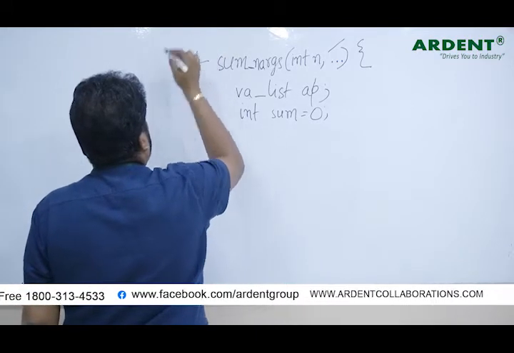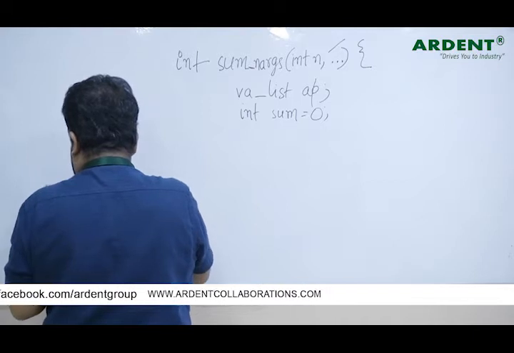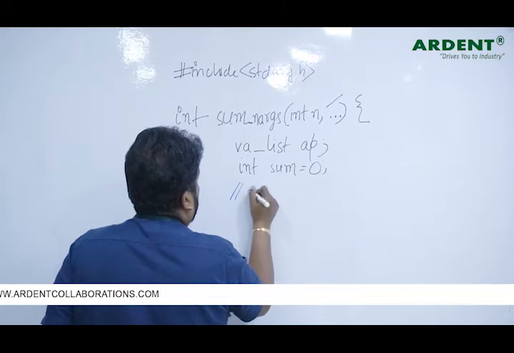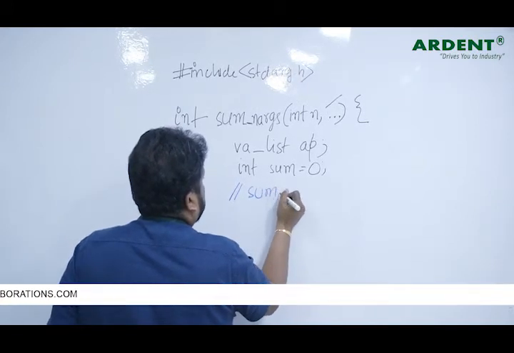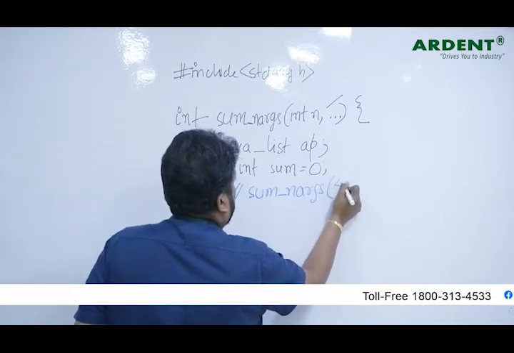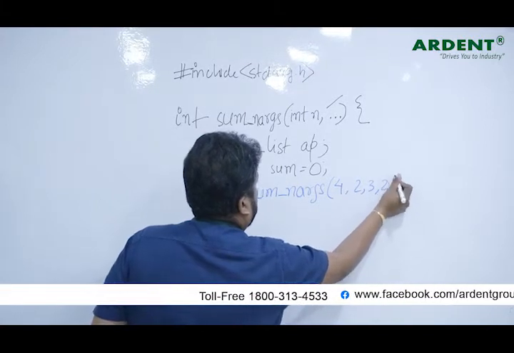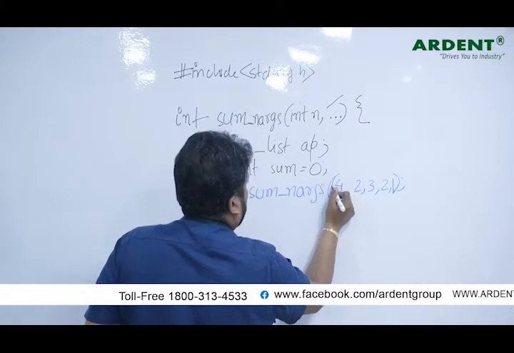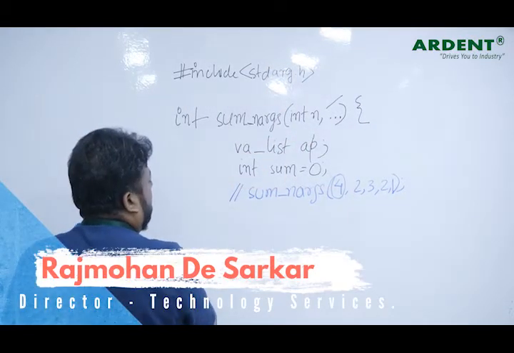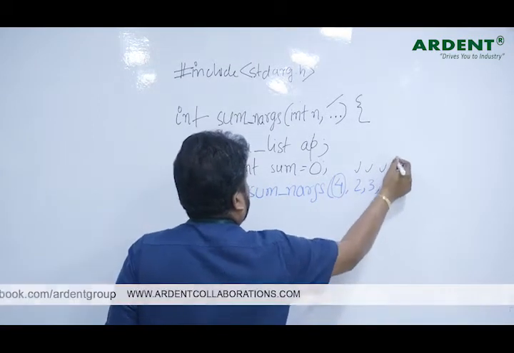If I show you an example, maybe pictorially, it looks like this. Let me write it within a comment line. When I call this function as sum_nargs(4, 2, 3, 2, 1), it means that we have 4 unnamed arguments, and these 4 unnamed arguments are 2, 3, 2, 1.